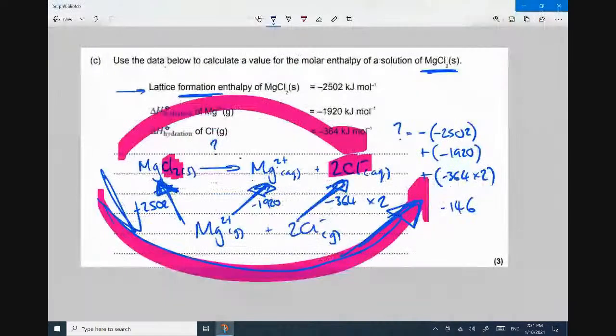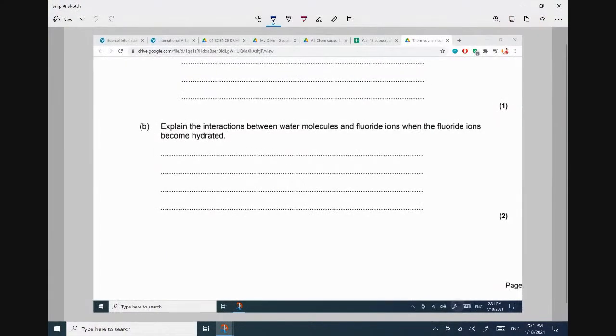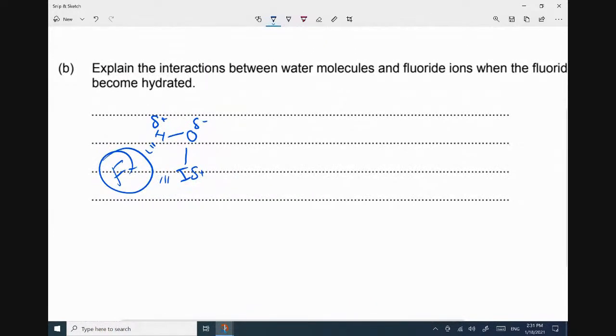Full screen snip. All you need to do for this one is F minus being attracted, but now we have to flip it so that you're forming the bonds to their H's, because they're slightly positive. There's your diagram. If you want it in bullet points, just convert that into bullet points.